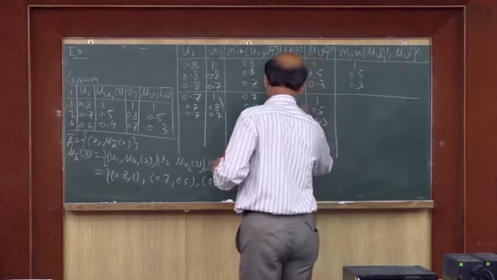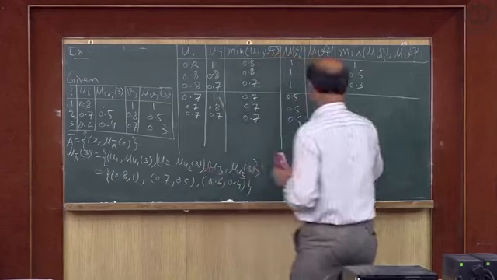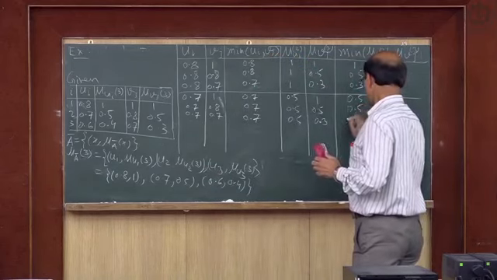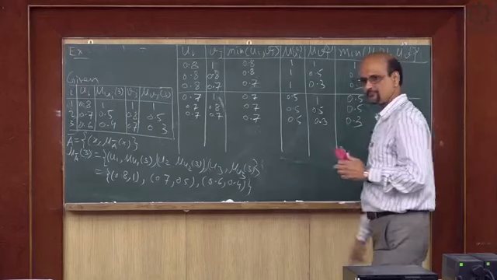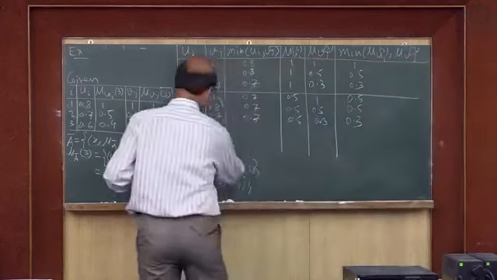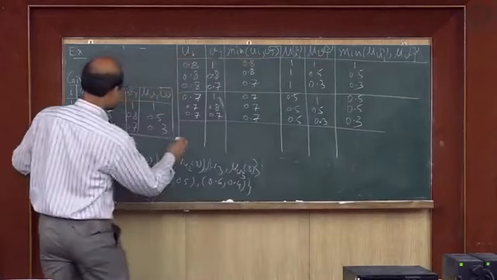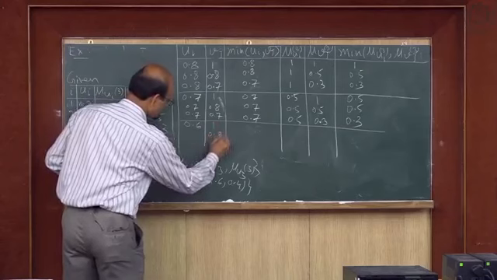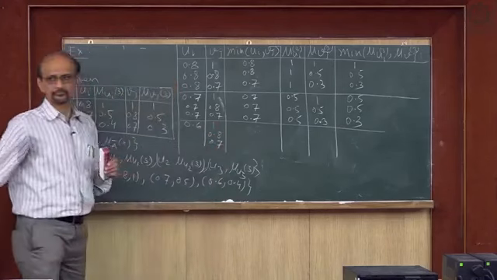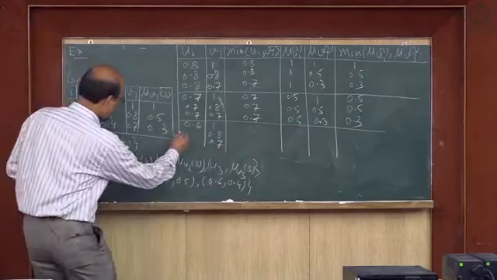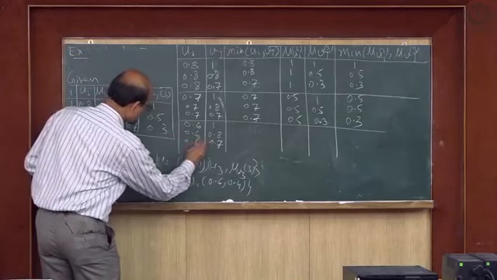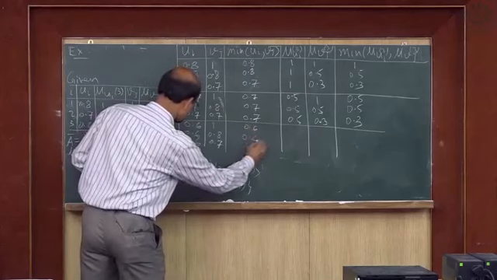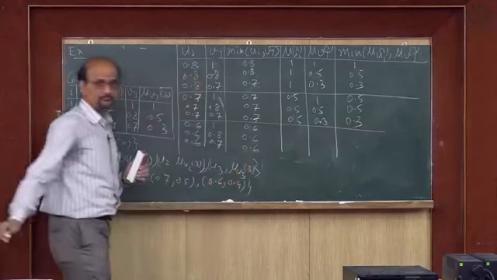So these are 0.5, 0.5, 0.3. Is it okay? Next is your 0.6. Again 1, 0.8, 0.7. So we have 0.6, 0.6, 0.6. Okay?